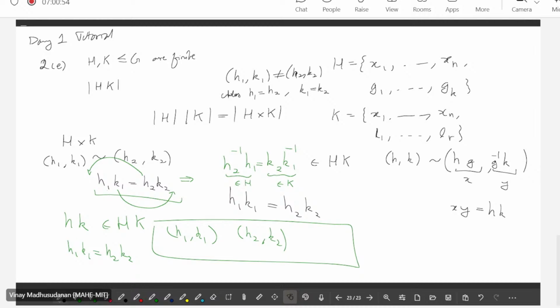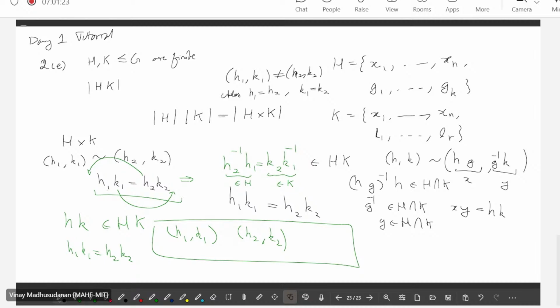So H2 inverse H1 belongs to H intersection K. Correct. That is H2 here. So that means G inverse belongs to H intersection K. That means G belongs to H intersection K.